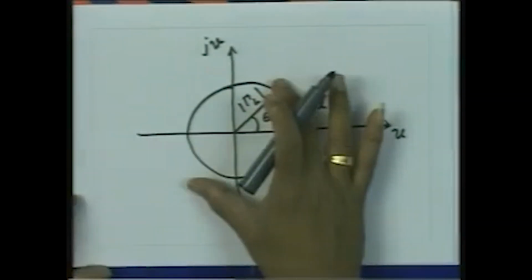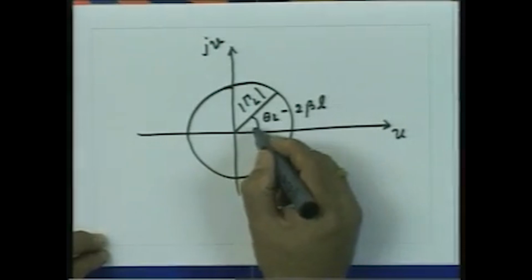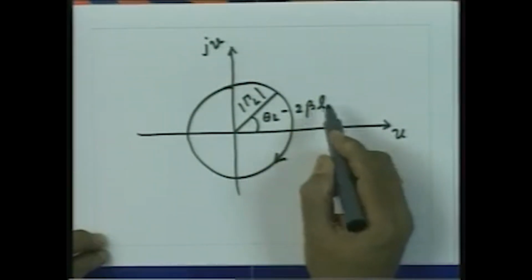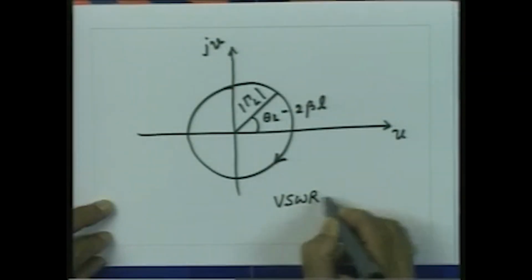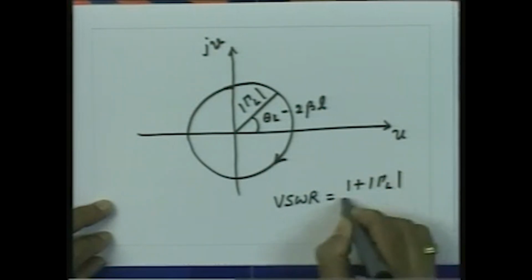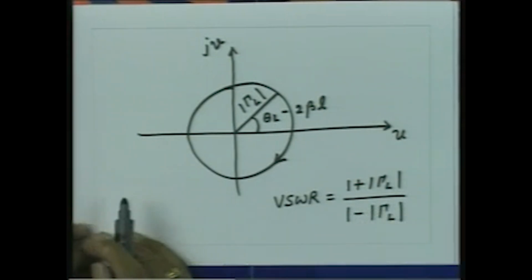Now, for this circle, the magnitude of the reflection coefficient is the same no matter what point you take on it. The phase angle changes for different points on the transmission line, but the magnitude of the reflection coefficient remains the same, and we know that the VSWR on the transmission line is 1 plus mod gamma L divided by 1 minus mod gamma L, as we saw last time.